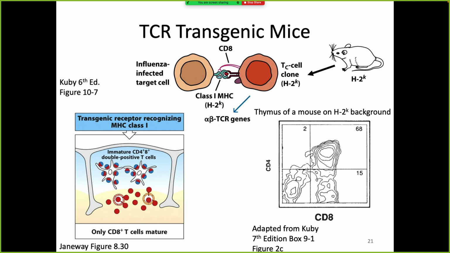In this case, the mouse was of the H2K MHC type. We infected it with influenza. And then we could go in this mouse, go through its spleen, and go through all the cells of its spleen. And we could find a T cell that bound to influenza using an H2K MHC. Basically, we could find the perfect T cell out of this mouse.